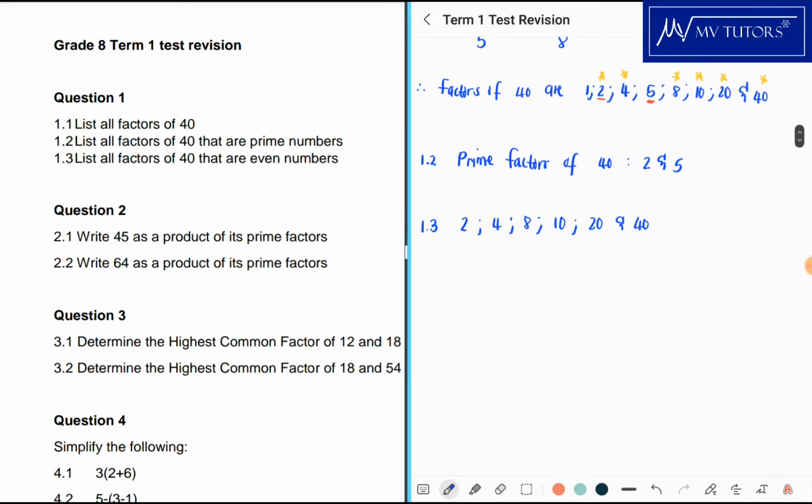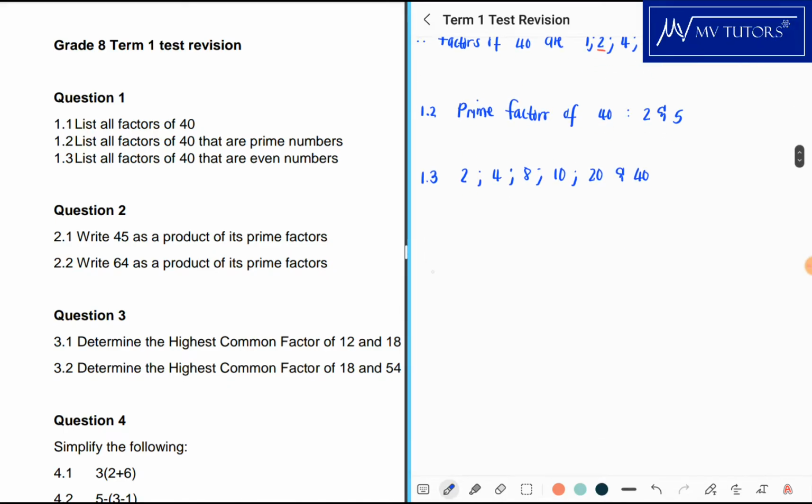It went quite well. So let's have a look at question 2. So 2.1 asks us to write 45 as a product of its prime factors. Okay, so 45 is, if I were to simplify it, I think 9 times 5. If I write 9, 5 is already a prime factor.